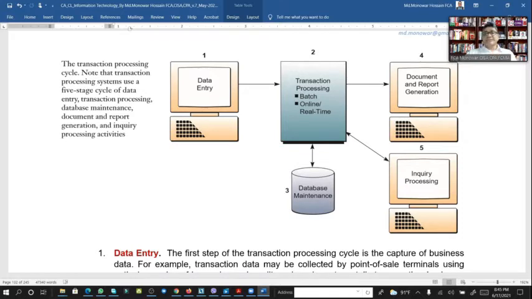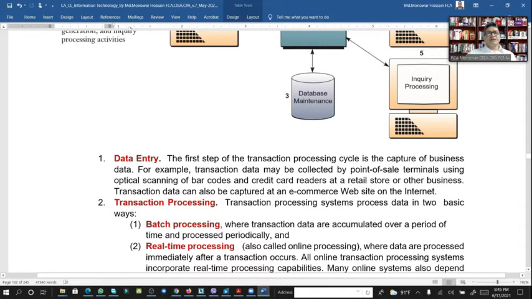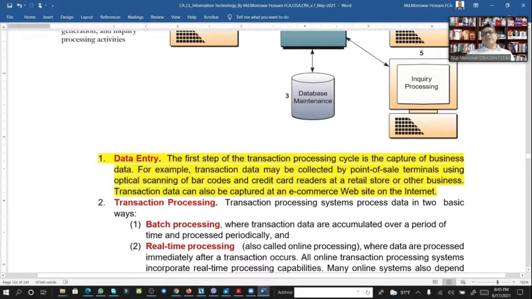So 5 stages here, 5 numbers also: data entry, transaction processing, database maintenance, document and report generation, and inquiry processing activity. So number 1 is data entry. The first step of the transaction processing cycle is to capture the business data.